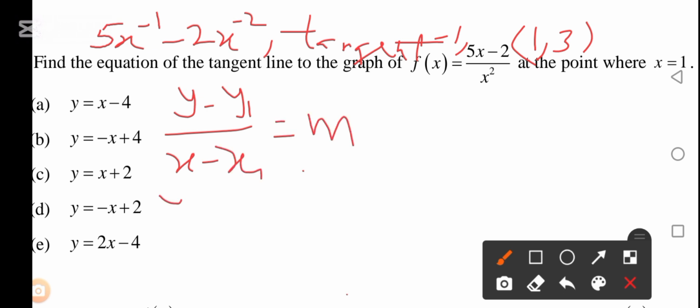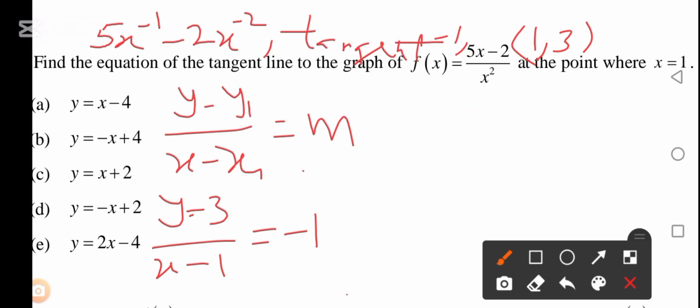So y minus y1, in this case, is 3. Let me get that corrected. Okay, good. y minus 3 over x minus 1 is equal to the tangent, that is minus 1.